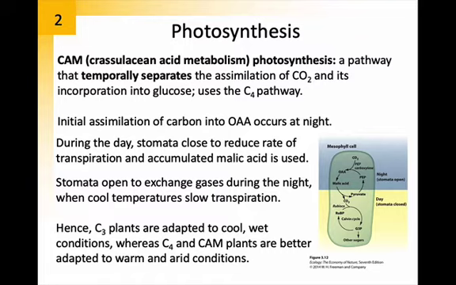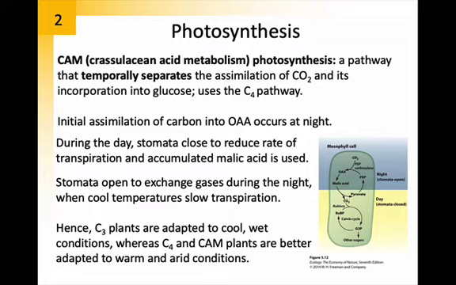What's the downside to this? Well, you still lose a lot of energy, and because you're packing cells with extra reactions, you're still losing some amount of tissue. But the big thing is that you're only able to accumulate carbon dioxide at night. So you're limited in the amount of time during the day when you're able to drive these reactions.